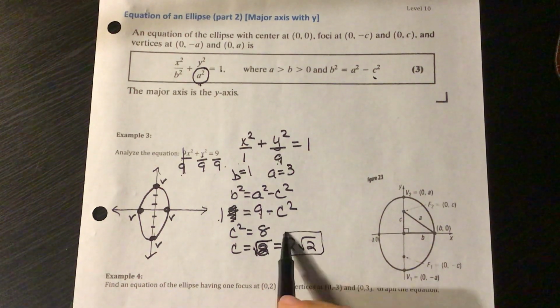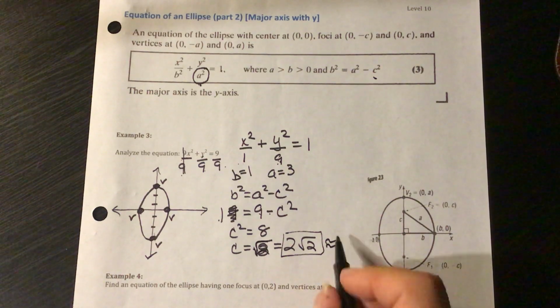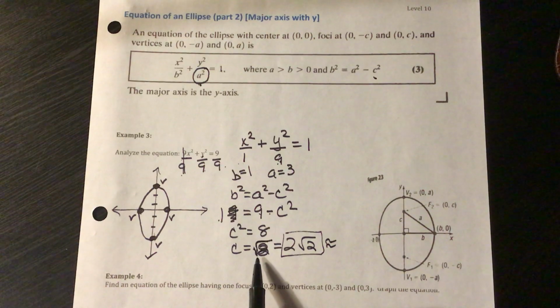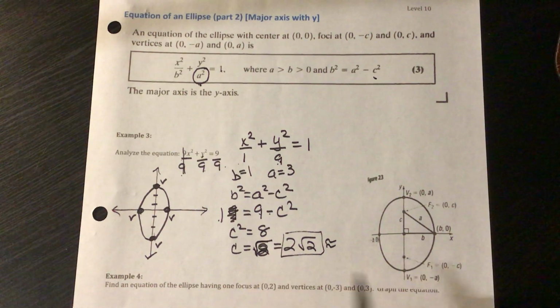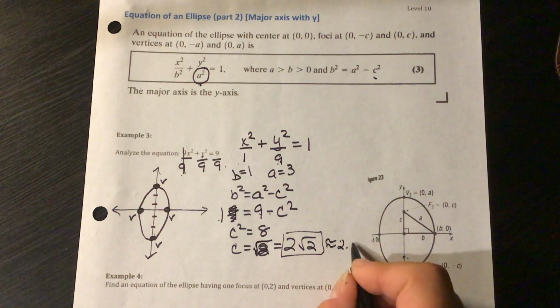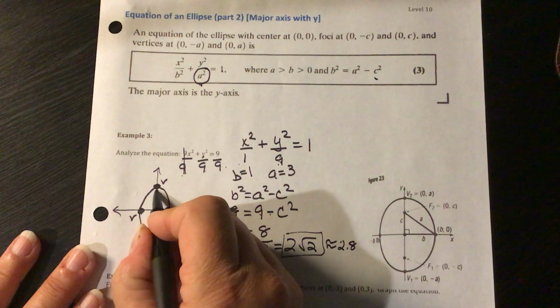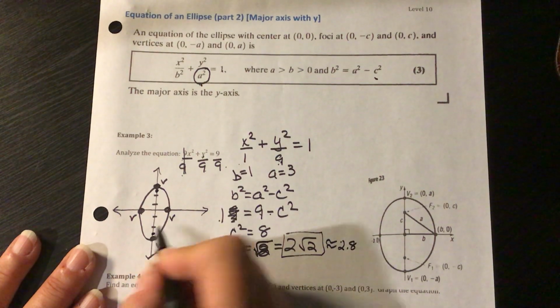This is the exact value, but I can change it to a decimal to help me graph. I know the square root of 8 is close to the square root of 9, so this is going to be close to 3, but just under, maybe 2.8-ish. So my foci are going to be very close to my vertices.